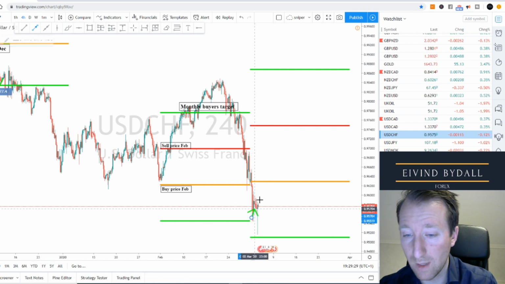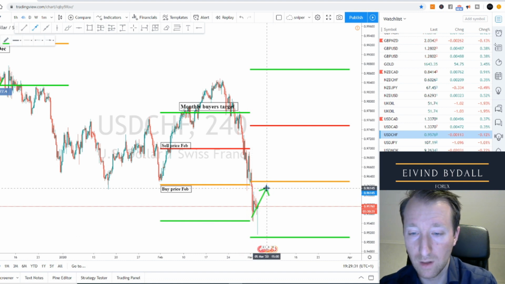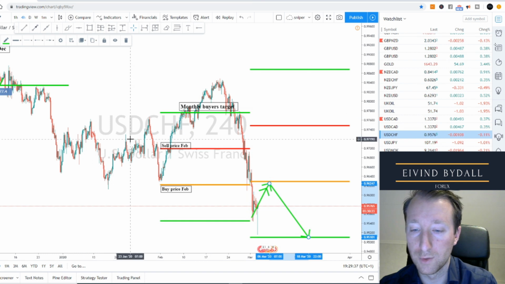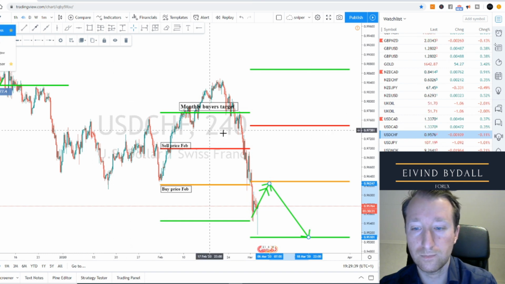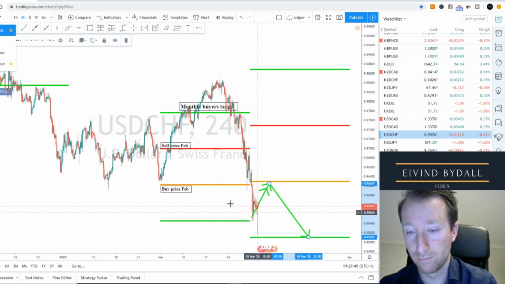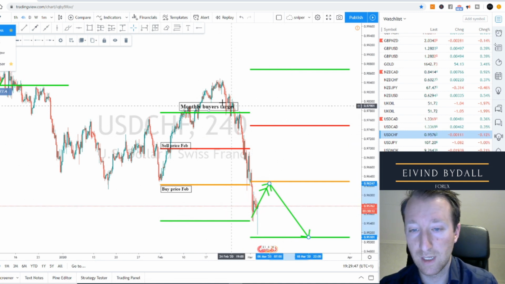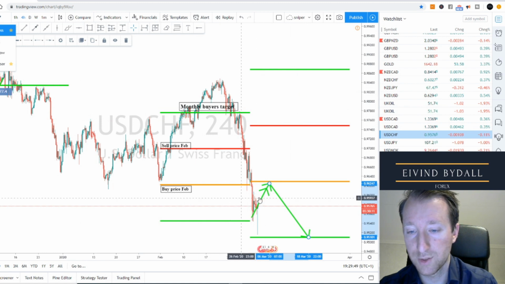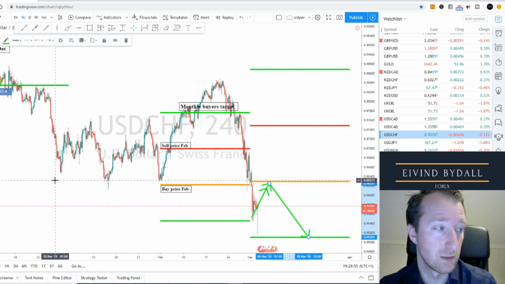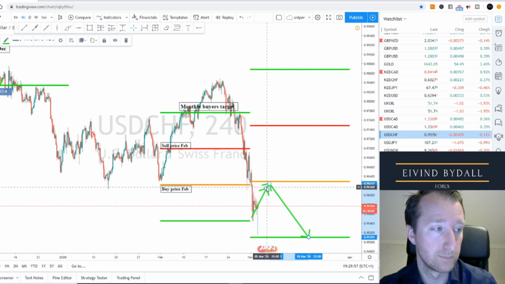Maybe that will kick off some kind of pullback to this area of 96, and then going back down to 95.100. I don't think, well, it could potentially become a bullish move, but as far as how bearish this one is right now, that's more likely than anything else because of this resistance zone here.